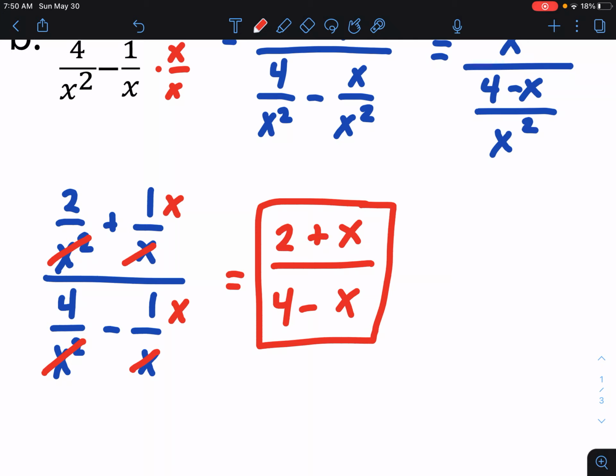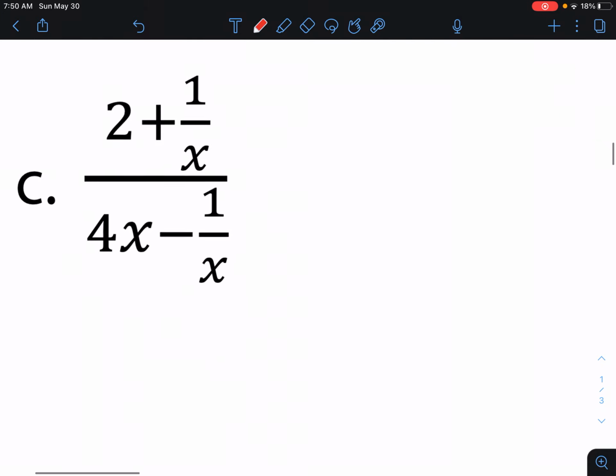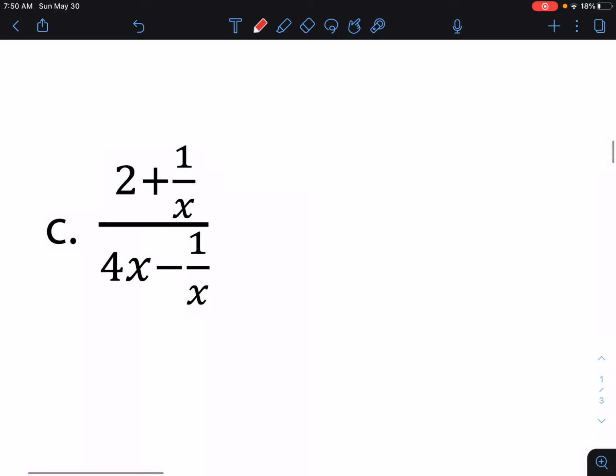Okay, so this next one, we can also do the same thing because we have a common denominator of x. All right, and so we don't even have fractions for the first 2, in each the numerator and the denominator, but we have a common denominator of x, and so when we have a common denominator of x, we know it's going to cancel those x's, and then this we're just going to multiply by x, and this we're going to multiply by x.